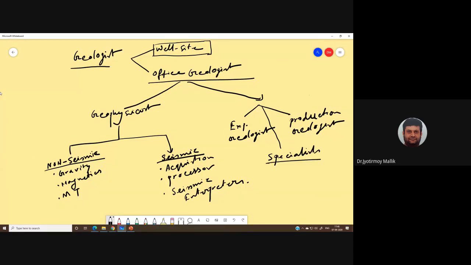Production geologists typically do reservoir modeling. I'm going to call one production geologist and show you what reservoir modeling is all about. And the first lecture will be by one very senior exploration geologist in one of the Fridays. And the specialists, of course, you have structural geologists there.